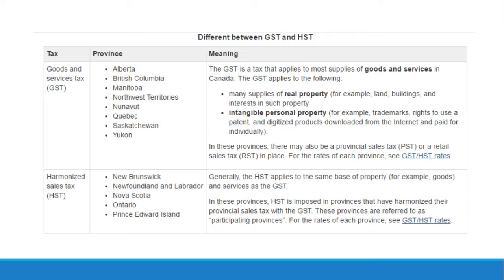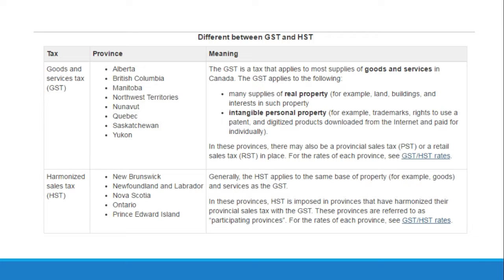Generally, it has the same meaning as the goods and services tax, so the same base of property and services in Canada. In these provinces, HST is imposed in provinces that have harmonized their provincial sales tax with the GST. These provinces are referred to as participating provinces.